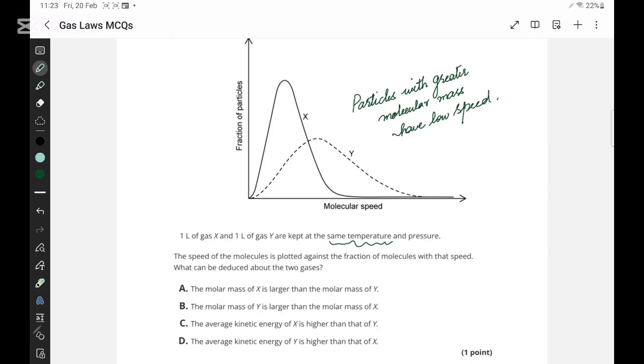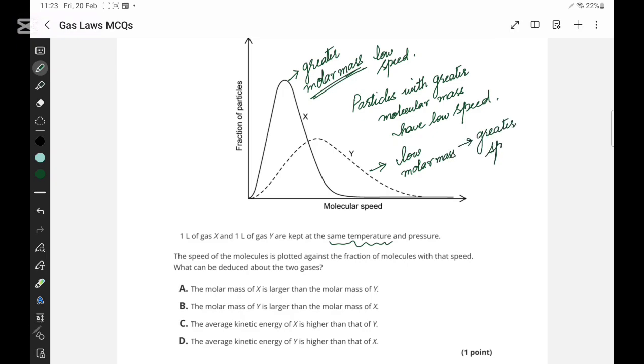As x is going to have low speed, we can say that it is going to have greater molar mass. That is why it is having low speed, because temperatures are the same, and that one is having low molar mass, and that is why it is having greater speed. So our answer is going to be A.